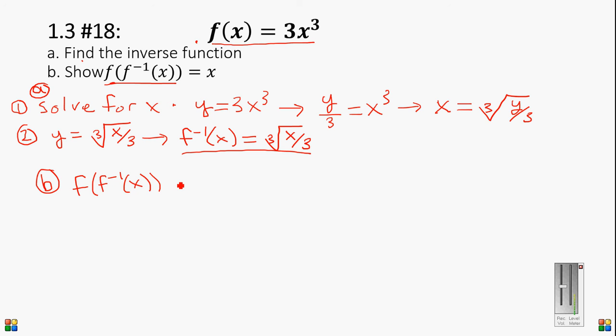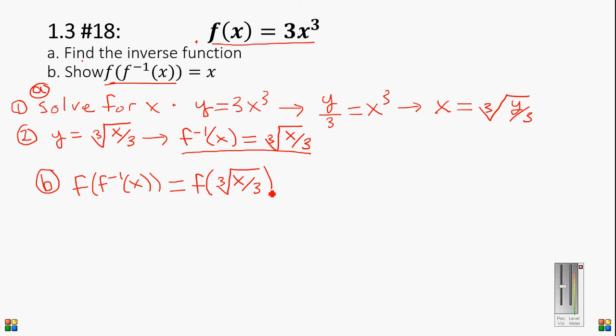I'm going to substitute in the inverse function. I know that f inverse of x equals the cube root of x over 3. So this is actually f of the cube root of x over 3.